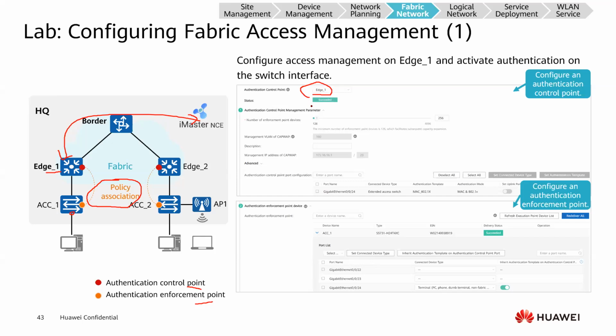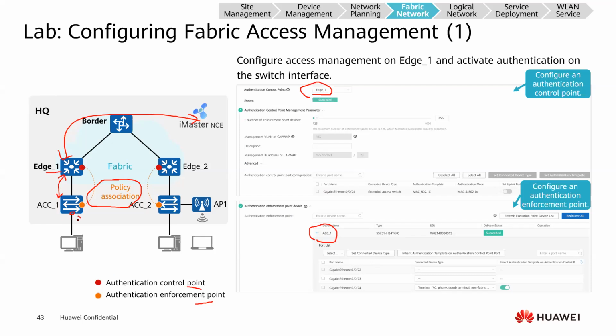For the H1, you need to tell it the management VLAN and the management IP address for these 2 points to establish the CAPWAP tunnel. And then you need to tell the controller what the authentication enforcement point associated with the H1 is. So you will choose the ACC1 as the enforcement point.